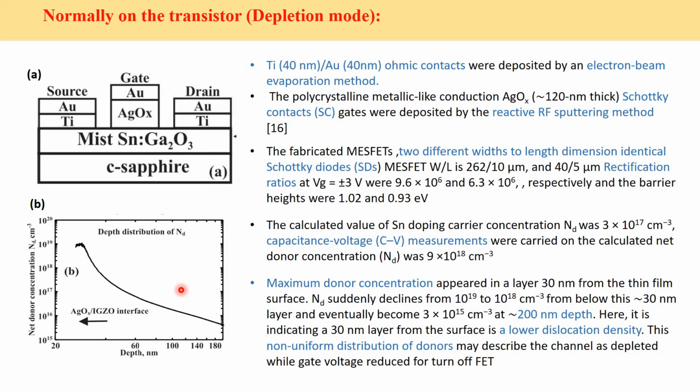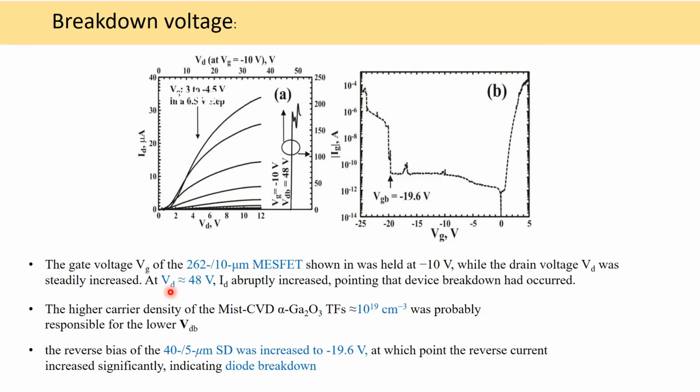At that time the gate voltage is reduced to turn off the FET. Based on the electron concentration, we found the electron mobility through a certain formula.